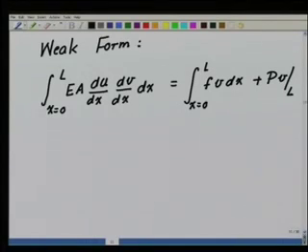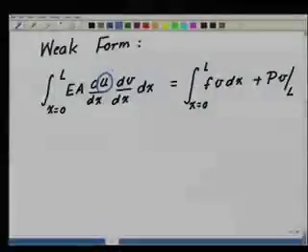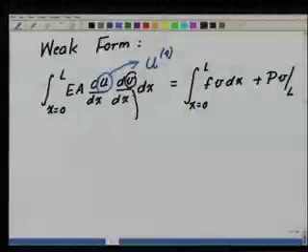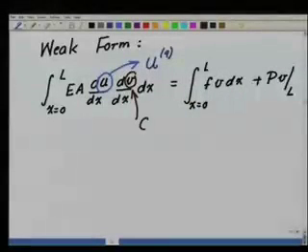Now, in this weak form, we substitute u as the sum of ui phi i, and to form the ith equation, we replace v with phi i.